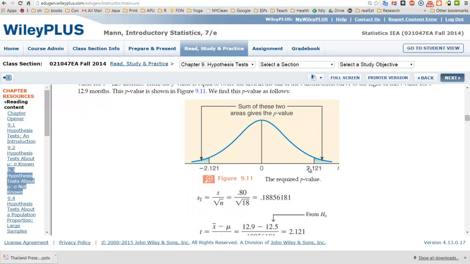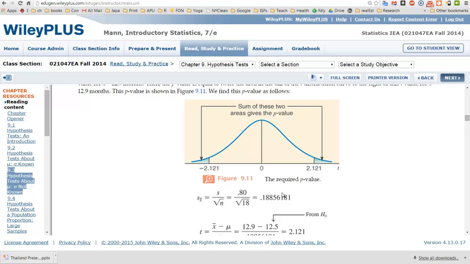So normally, like when we do a 95% confidence interval, we would use a 95% rejection region. So in here would be 95% of the area, and out here would be 5%.